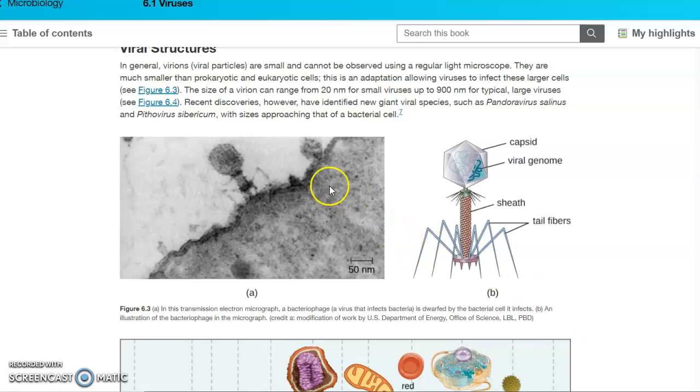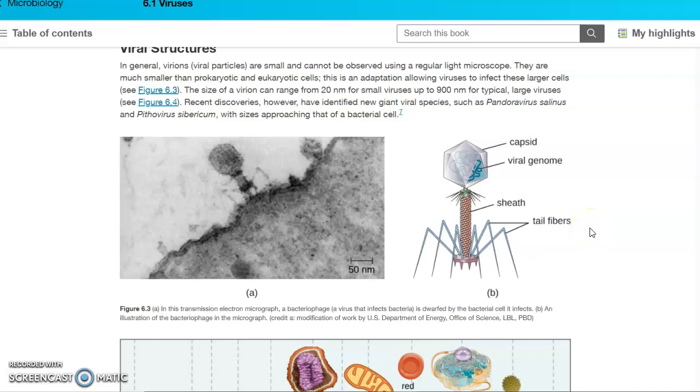So what you're seeing here is an electron micrograph of a particular type of bacteriophage. And so with the bacteriophage, we see the genome here. We see this protein capsid surrounding it. And then bacteriophages have a couple of other structures. They have this sheath plus these little tail fibers that allow them to kind of anchor to the surface of the bacterial cell.